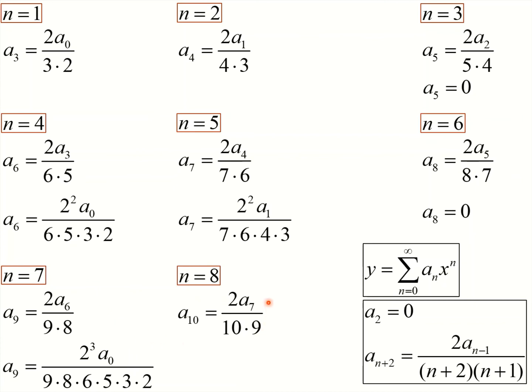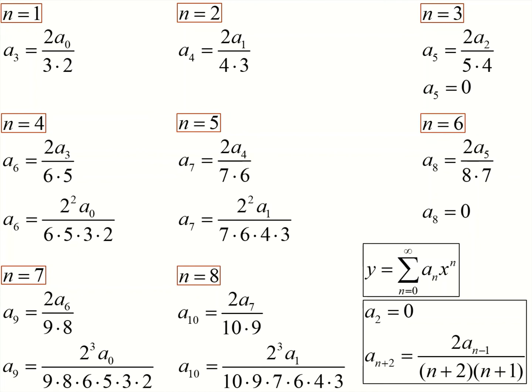Let's go ahead and replace the a7 with this part right here. So I'll have a 2 to the third on the top, an a1, and then 10, 9, 7, 6, 4, 3. Once again, pretty annoying, because you're missing some of the numbers. You're missing every third number, and that is kind of what we have here.